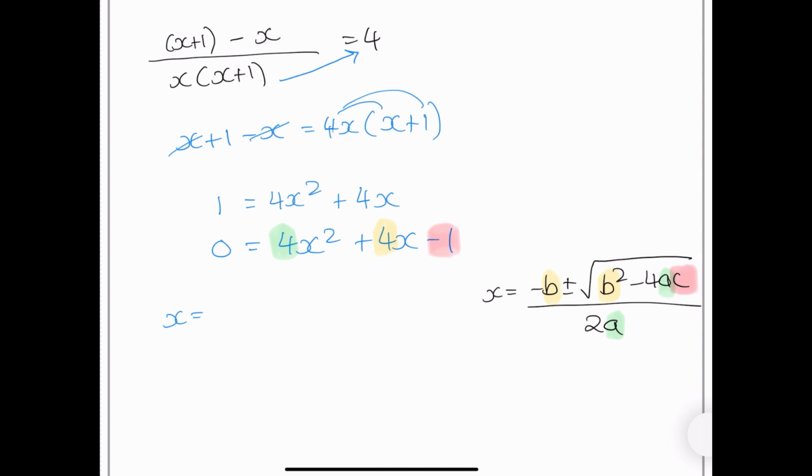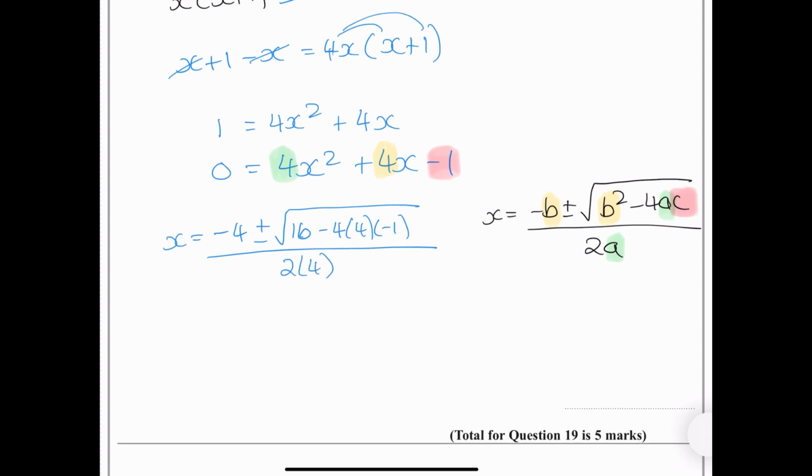Okay, let's put that in. So I've got x equals minus b, so minus 4, plus or minus the square root of 4 squared, which is 16, minus 4 times 4 times minus 1, all over 2a, so 2 times 4. Okay, let's tidy all of that up.